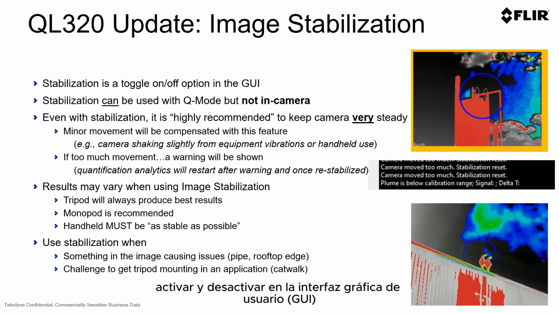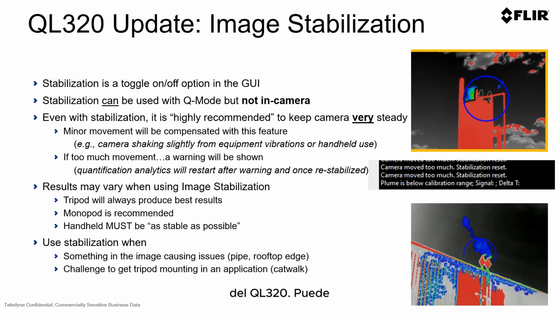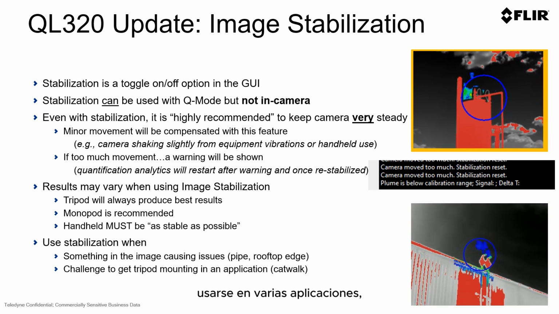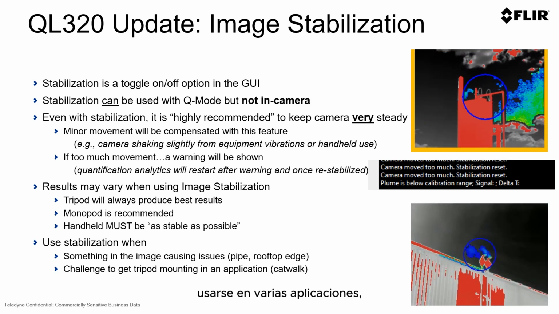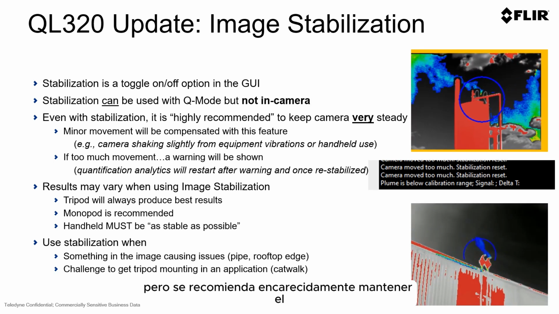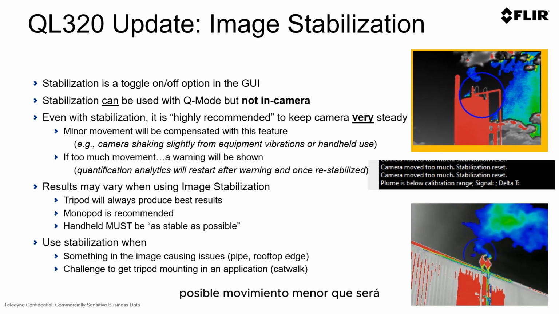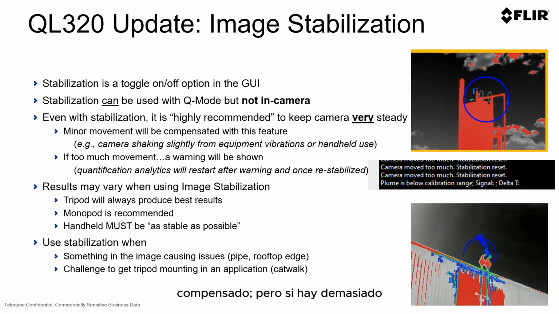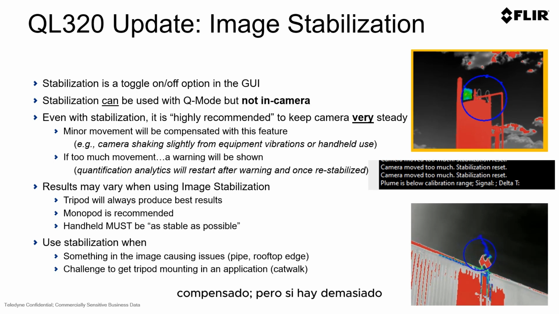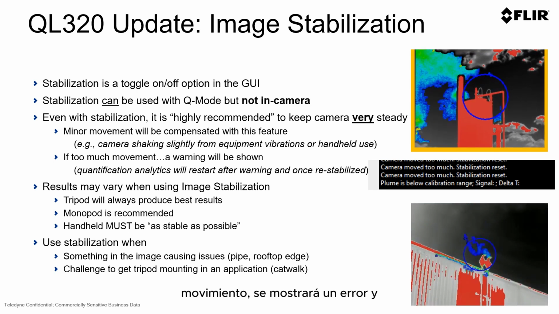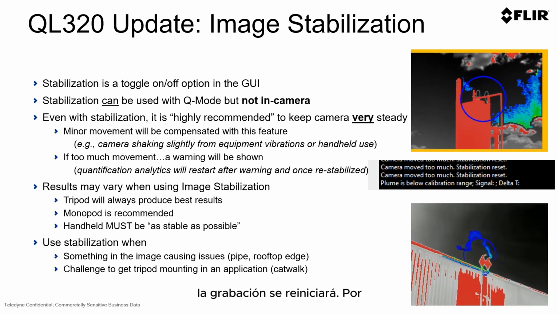This can be toggled on and off in the GUI of the QL320. It can be used in various applications, but it is highly recommended to keep the camera very steady, as stable as possible. Minor movement will be compensated, but if you get too much movement, you will be shown an error and the recording will be restarted.